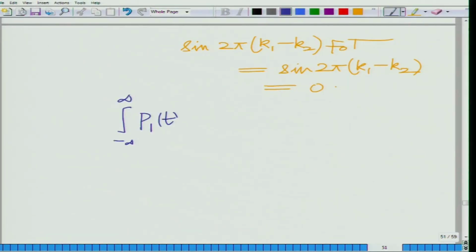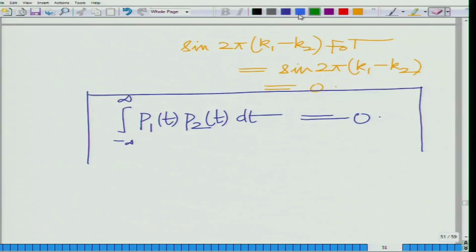the inner product, the integral of p1(t) p2(t) dt, is equal to 0.